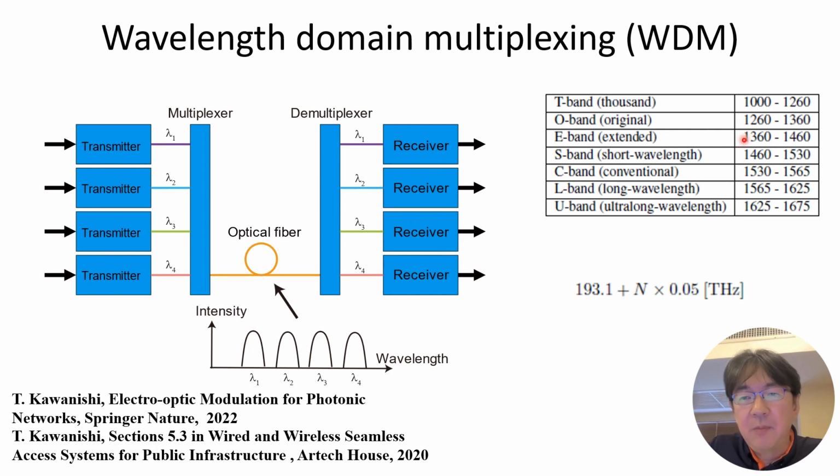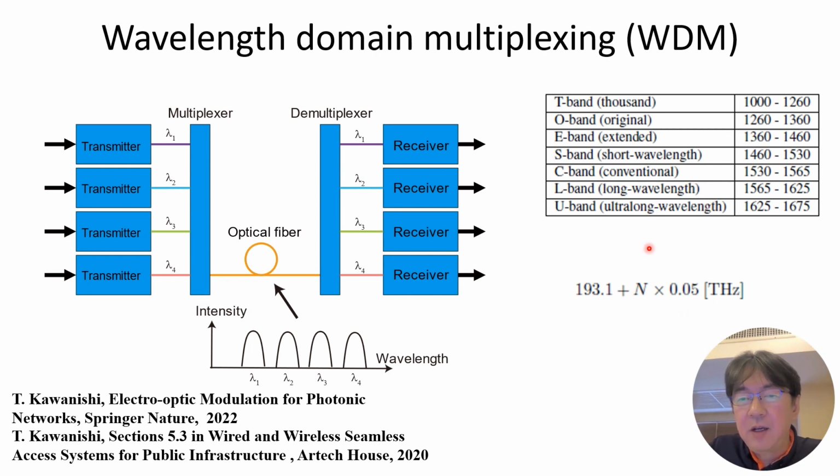And the wavelengths close to 1550 nanometers are commonly used for high capacity transmission. It is called C-band, the conventional WDM channels. But now we can use various types of bands to increase the total capacity.